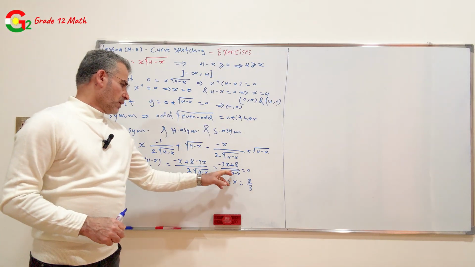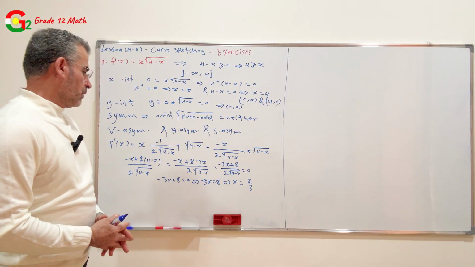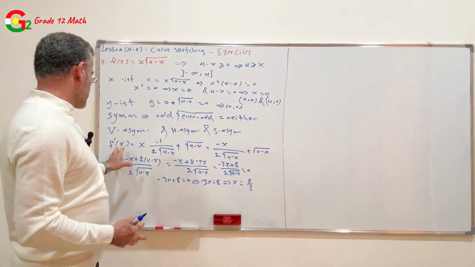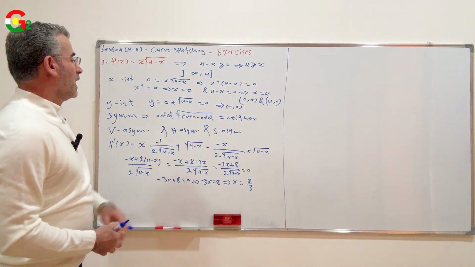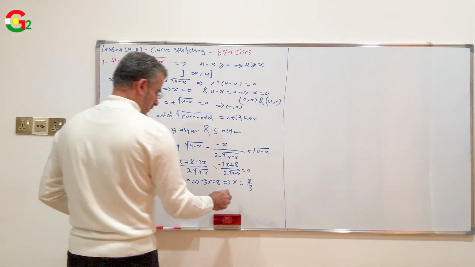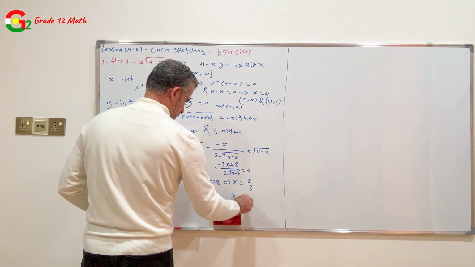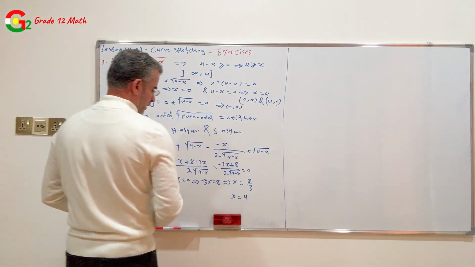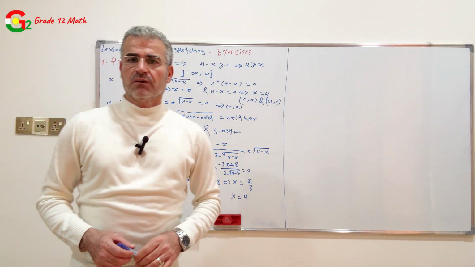Also, x equals 4 makes the first derivative undefined, and 4 is within the domain of this function. Therefore, x equals 4 is also a critical value for this function.